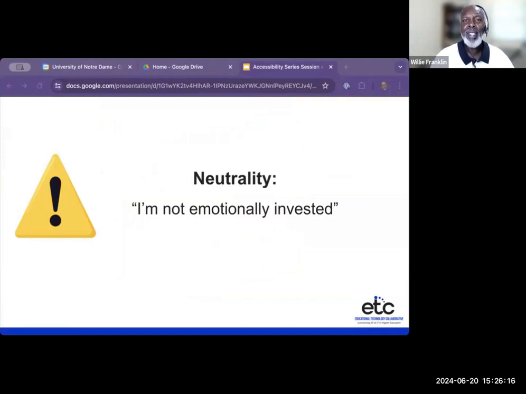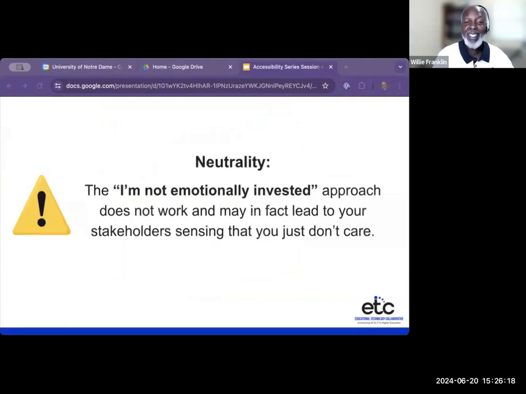You want your folks to see that you are indeed emotionally invested, because the I'm not emotionally invested approach, well, frankly put, it just doesn't work. You don't want people to get the sense that you just don't care, that this is just an assigned obligation. So you want to put your whole self into it, but you need not drain your whole self in the process.